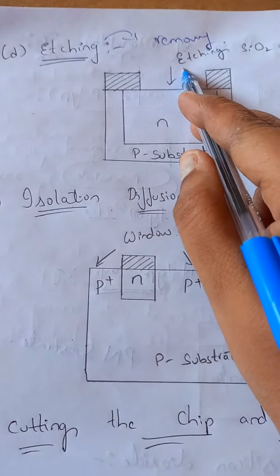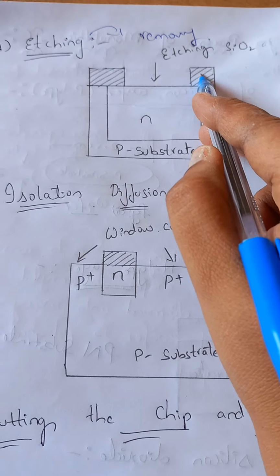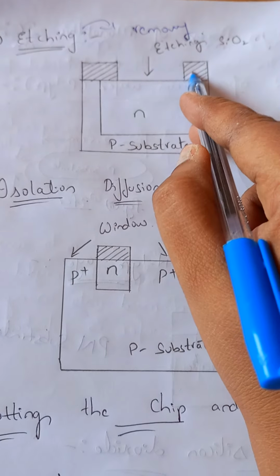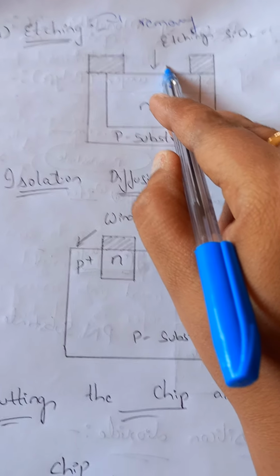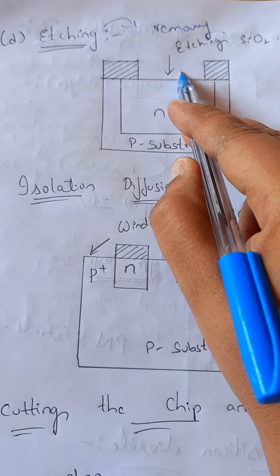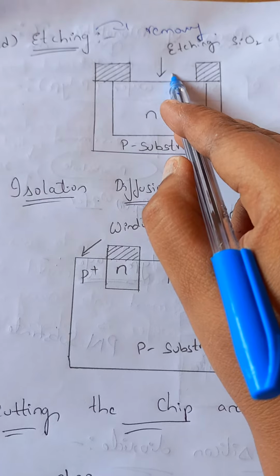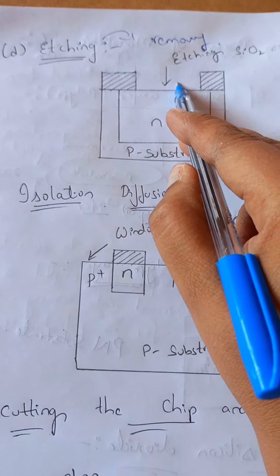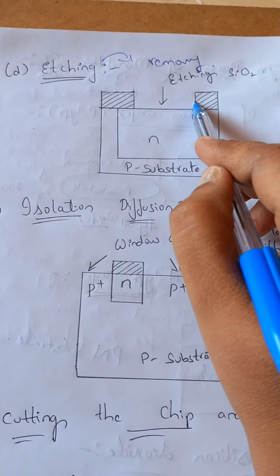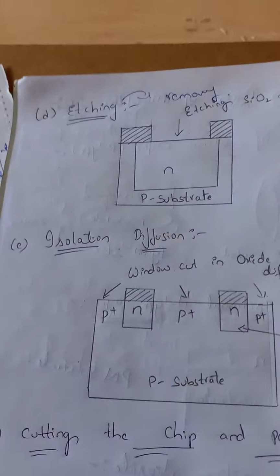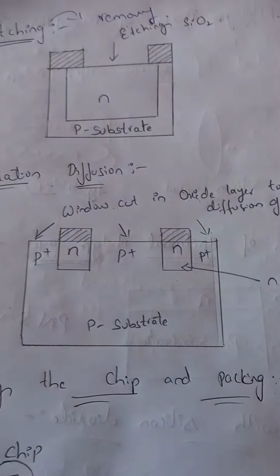The process of removing the silicon dioxide or the epitaxial layer at desired locations and diffusing the wanted materials to produce desired components is known as etching. Here we are removing the silicon dioxide.